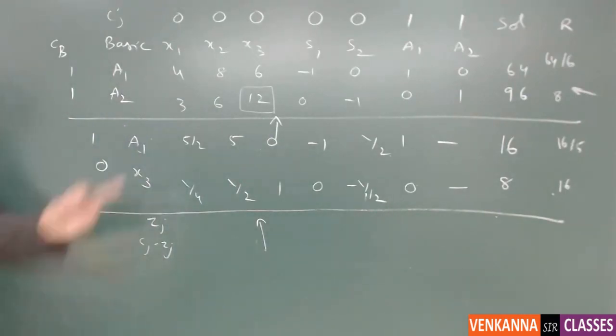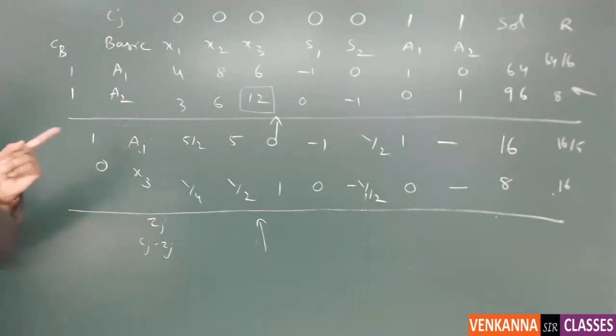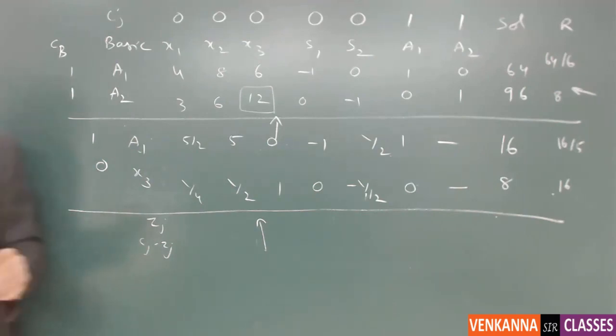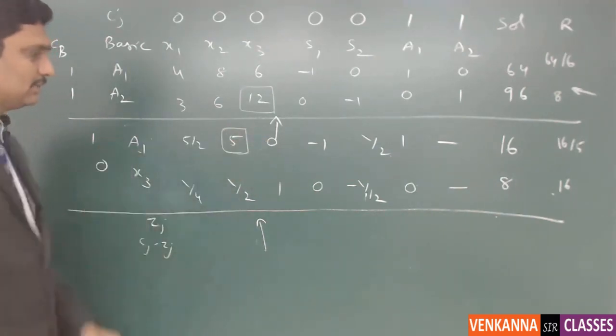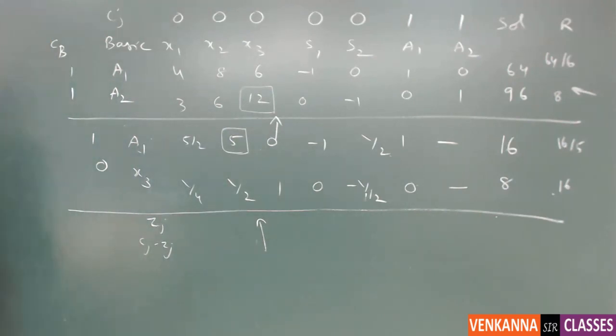So obviously that value will be the minimum ratio, and we say that 5 is the pivot element. Accepted? Any doubts for anybody so far? Any confusion? Right.